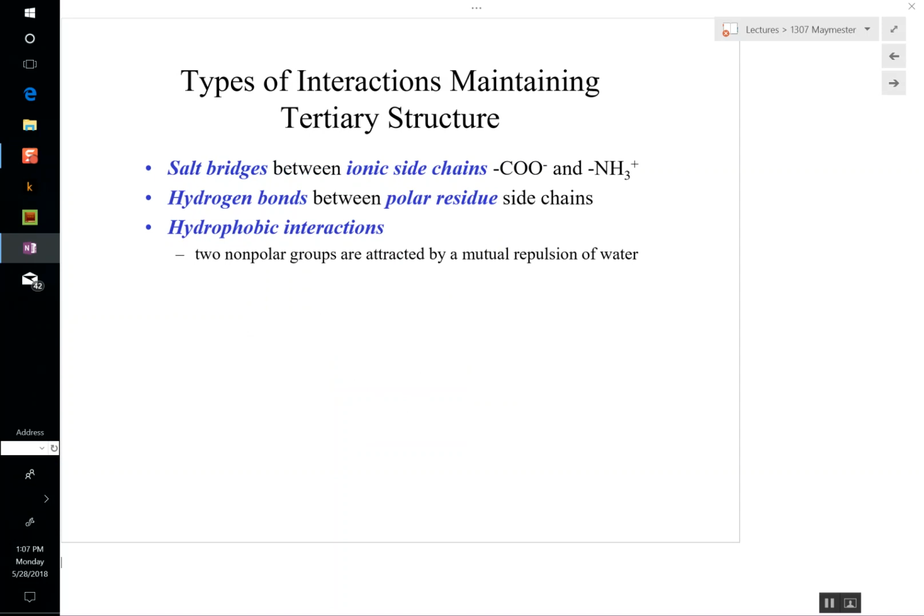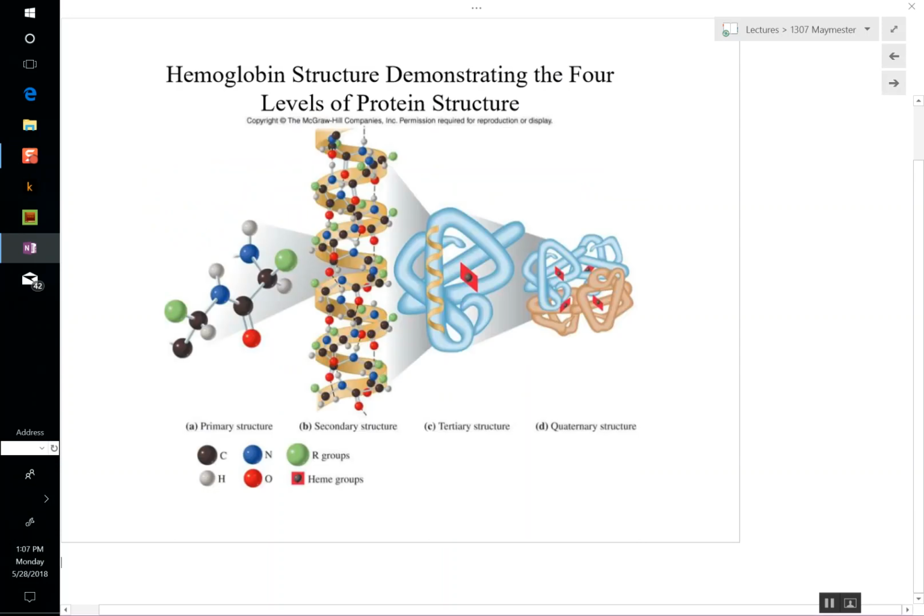Yeah, so types of interactions: salt bridges, hydrogen bonds to polar residues, hydrophobic interactions between nonpolar residues. When you're hearing that word, residue, they're using that as a synonym for an amino acid, a particular amino acid. And this is kind of just in a generic way showing how that goes together.